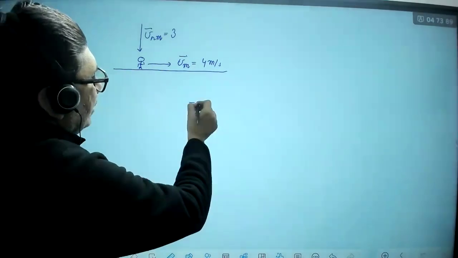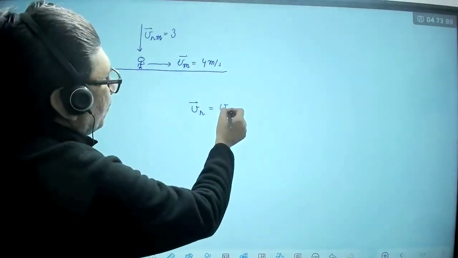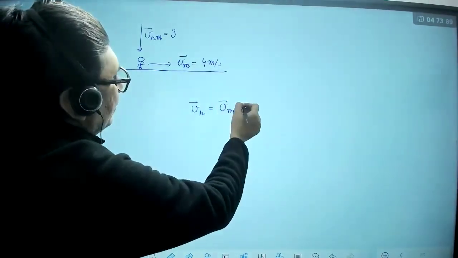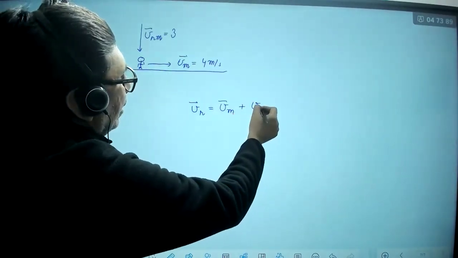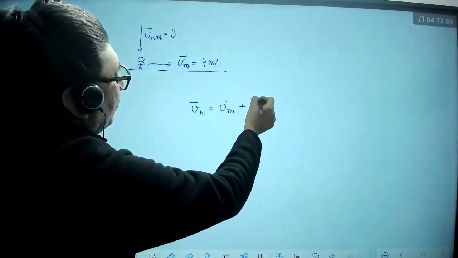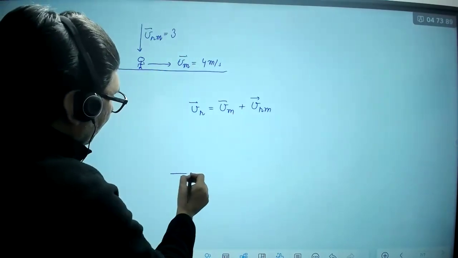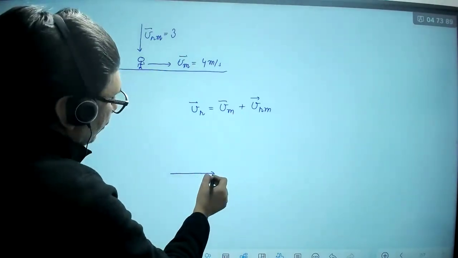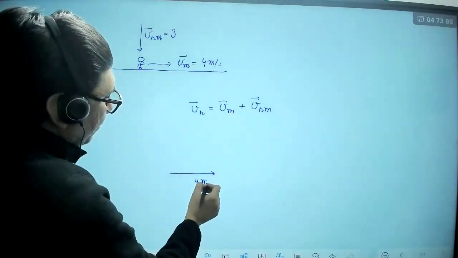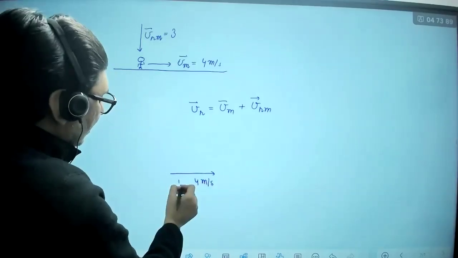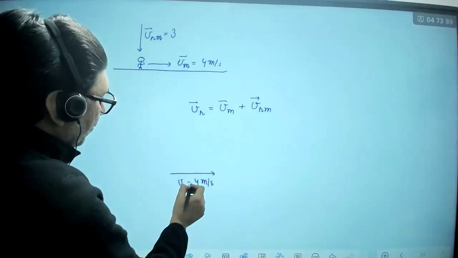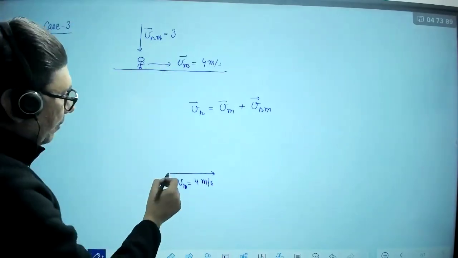VR is equal to Vm plus VRM. So this is Vm. This is 4 meter per second. Second is VRM.